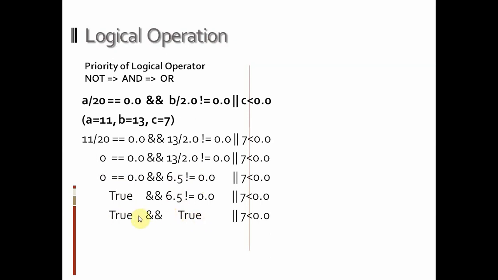When both these conditions return true, this part returns true. The remaining part, 7 less than 0, is false. Now we'll solve the OR operation. True and true will return true, and now true or false will return true. So like this we can solve logical operations.